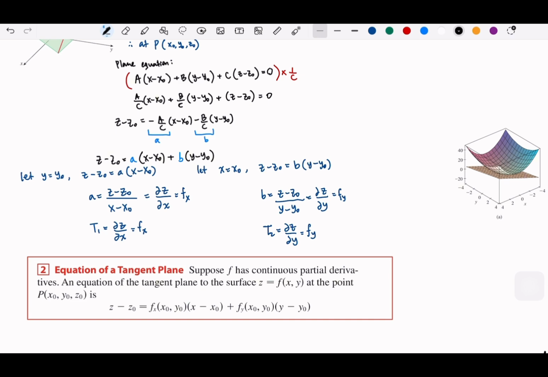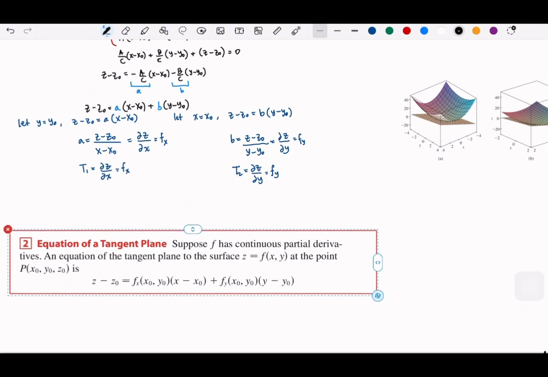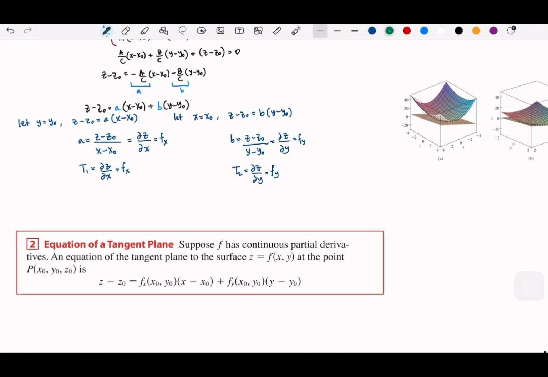Maybe let me write in here. Note that here in calculus 1, this means you need to put in the value to get the tangent or the slope of the tangent.